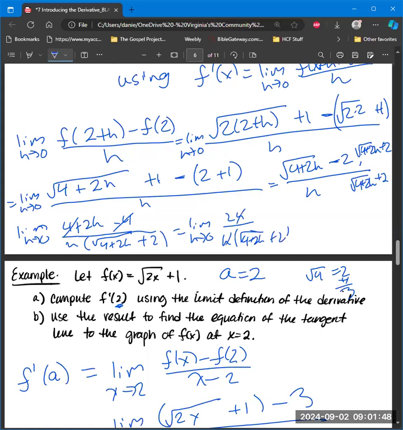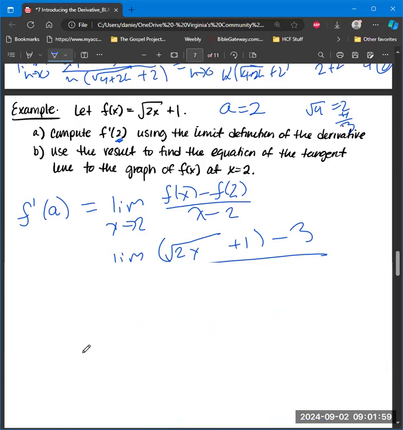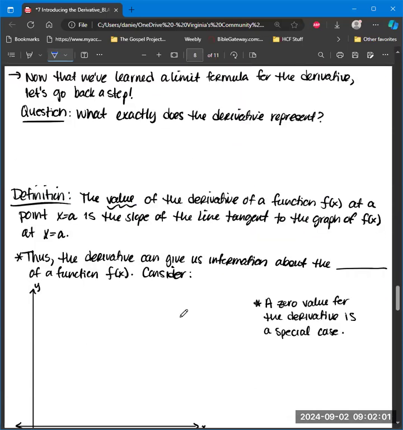The h's will cancel. This is 2 over root 4, which is 2, plus 2, so 2 over 4, which is also 1/2, and I get the same answer both ways using either definition here.